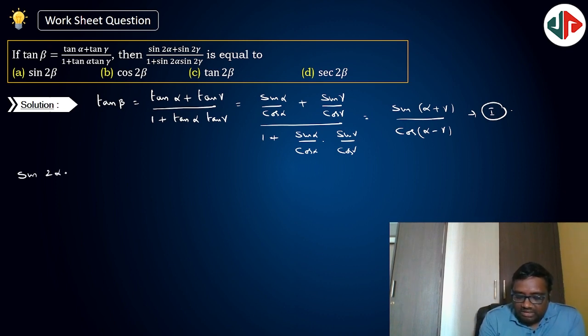Sine 2 alpha plus sine 2 gamma by 1 plus sine 2 alpha into sine 2 gamma.